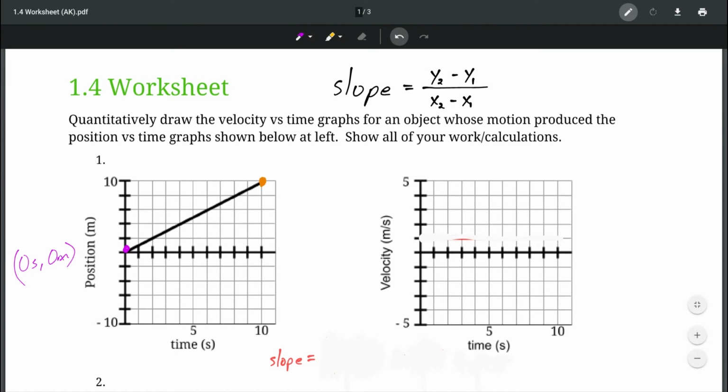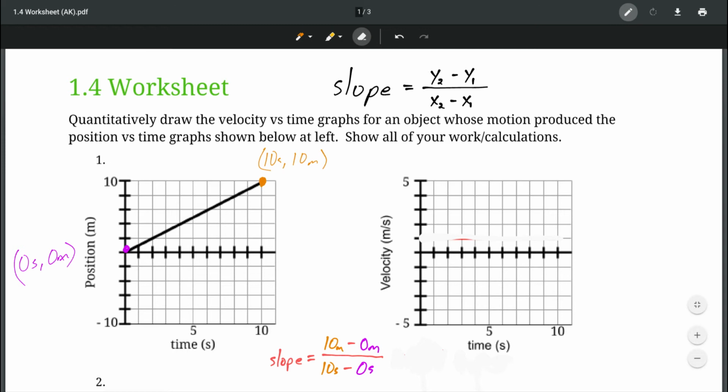And then the other point is at 10 seconds and 10 meters. And so in order to calculate the slope, first we need to find the difference in the positions, which is the numerator. The final position is 10 and the initial position is 0, and then find the difference in times, which is 10 seconds and 0 seconds.